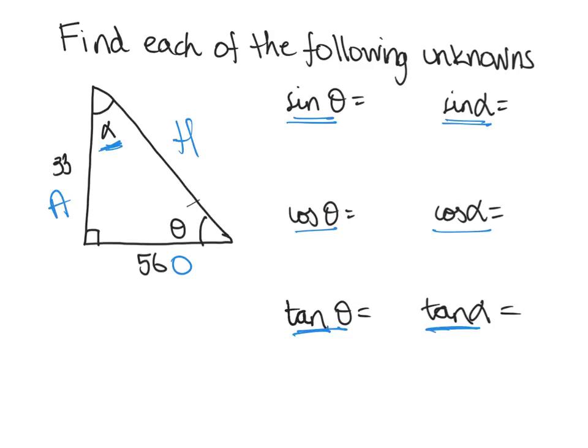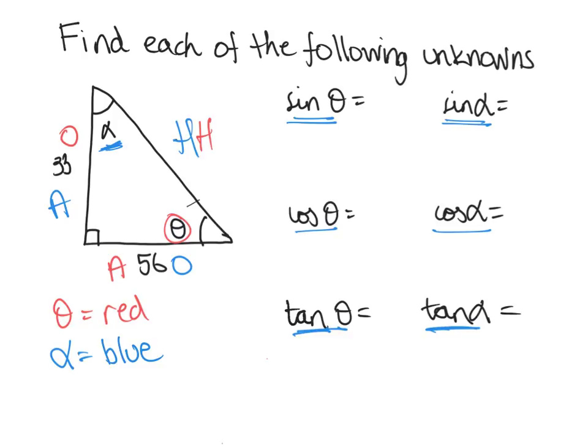For theta here, this will be the opposite side, this will be the adjacent side, and this will be the hypotenuse, and it will be the same. So remember, theta is in red, and for alpha, that's in blue.